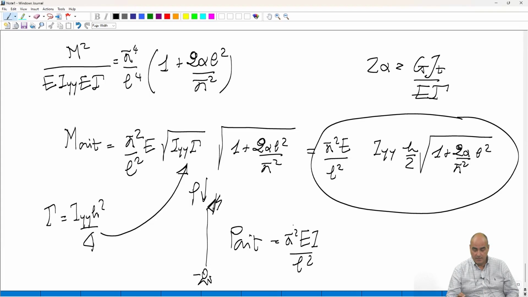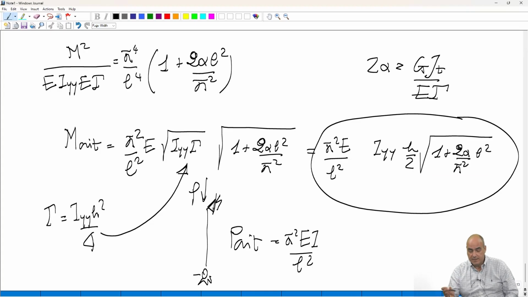You see that there is some coherence. Well, this is a force. This is a moment, and you have another length to match it up. Look at the term under the square root.